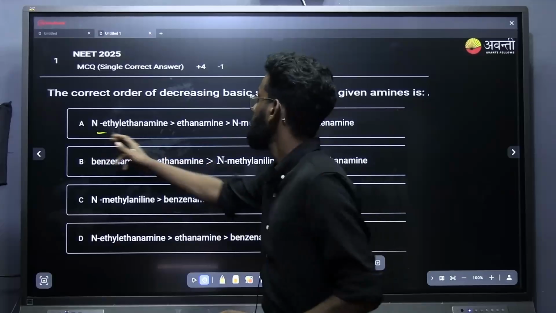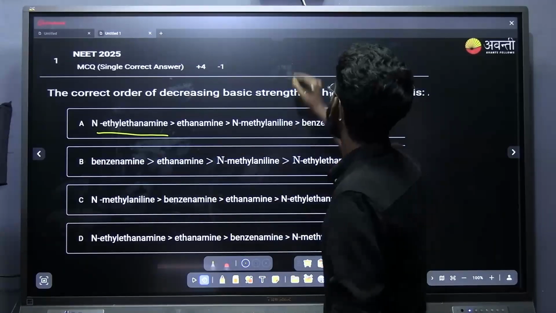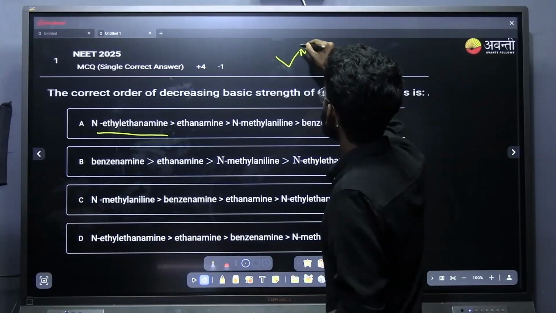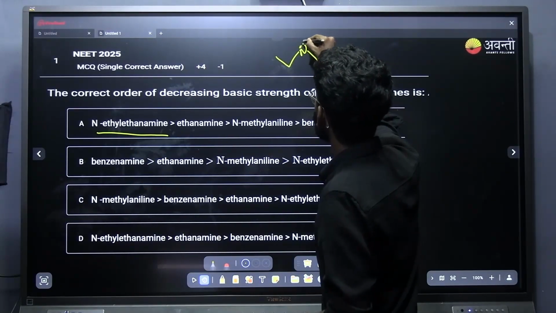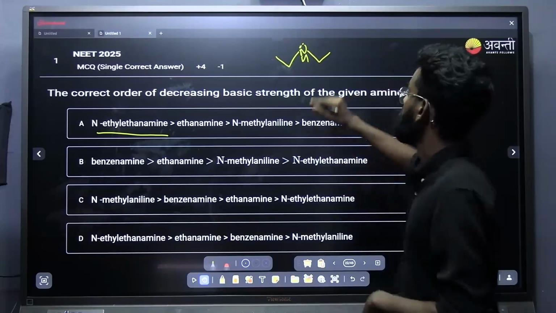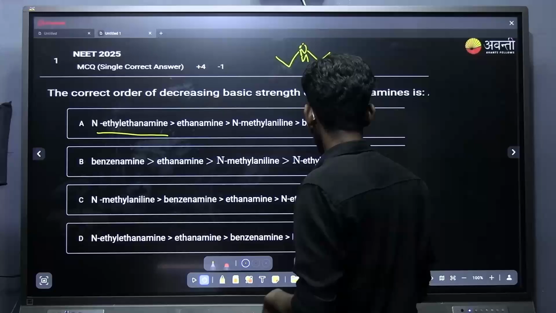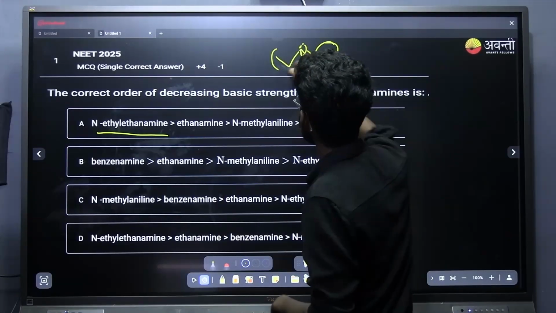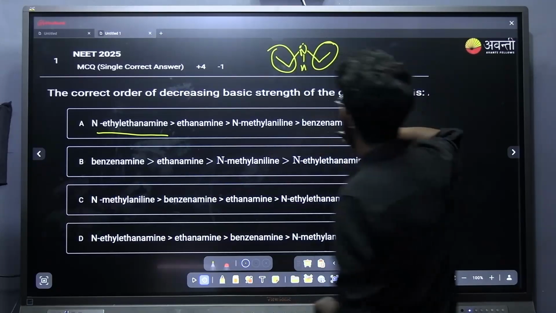You see N-ethyl ethanamine. In the case of N-ethyl ethanamine, you can see there are two inductive effects here, two +I groups are there.